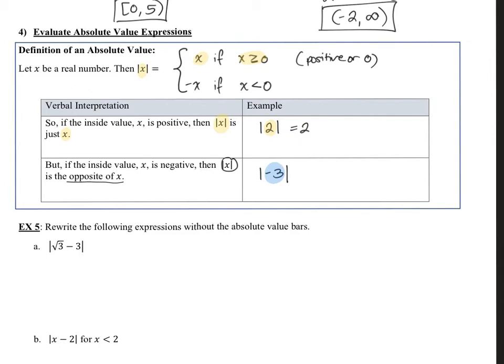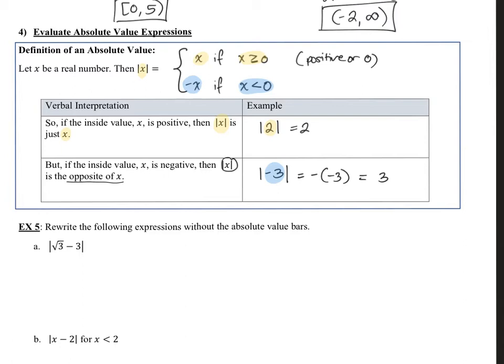Well, negative 3 is less than 0, so what should I rewrite it as? The opposite of what's inside. Okay, well, I'm writing it as the opposite of what's inside. And what's inside? Negative 3. And then what's the opposite of negative 3? That's going to be positive 3.